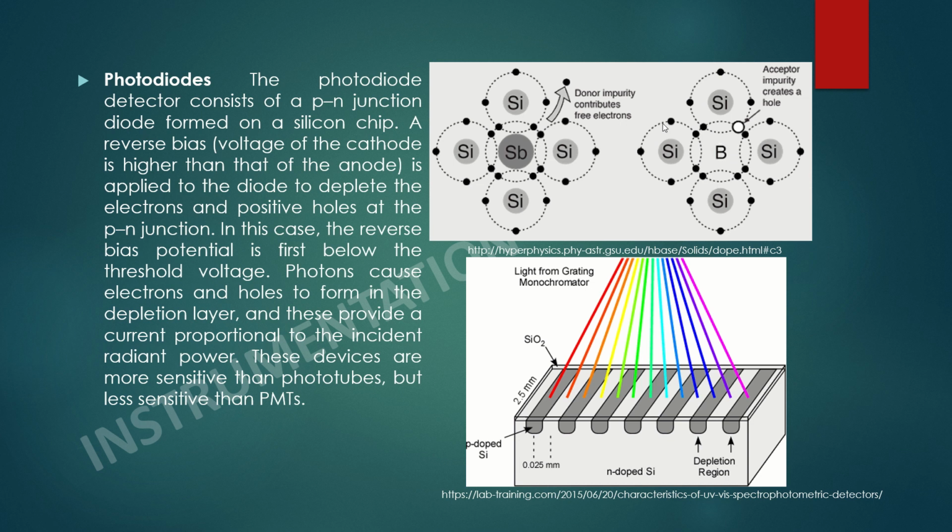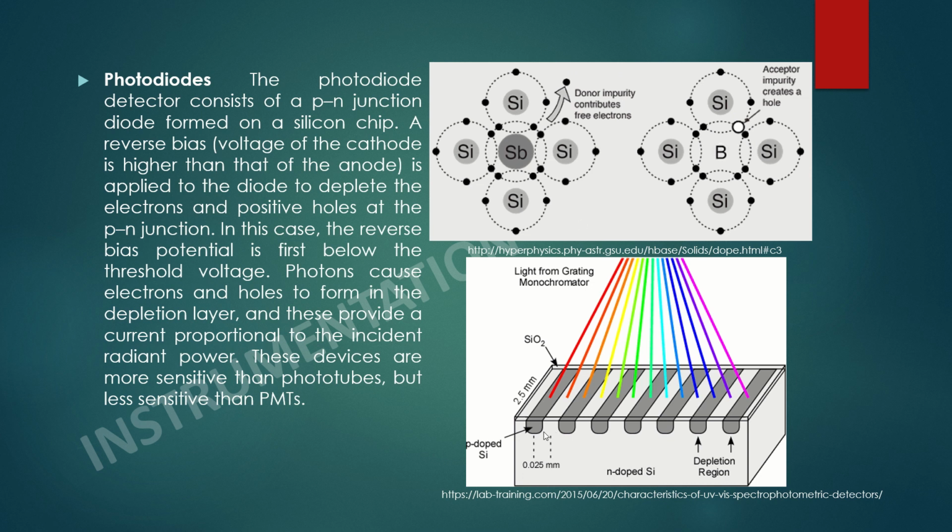And in N type, there is an impurity which releases electrons to the moiety. So this is the N type and this is the P type. The P-N junction is the area where these electrons and holes are present simultaneously.